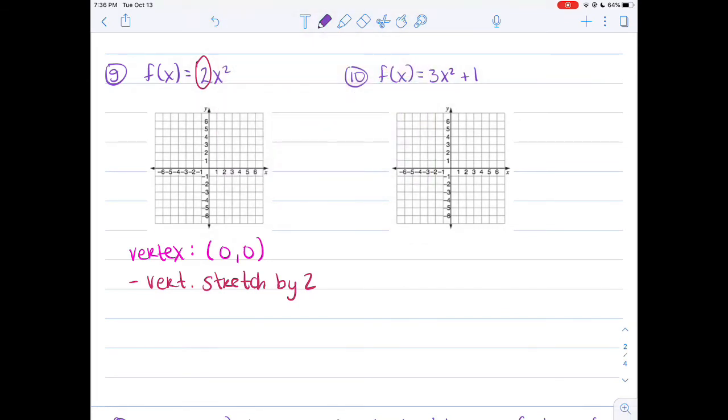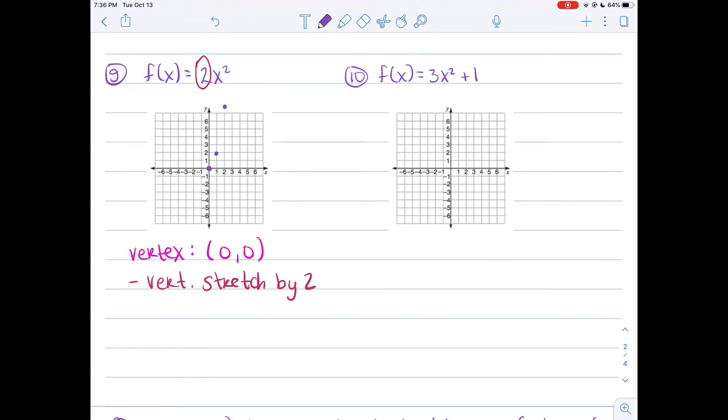And so let's see what that makes our graph look like. I know that my vertex is at 0, 0. And so now if I start plugging in some numbers to the right of that, at 1, I get 1 squared is 1, and then times 2 gives me a 2. So I'm going to plot a point at 1, 2. If I plug in a 2, I'm going to get 2 squared, which is 4, and then 4 times 2 is 8, so I'm actually a little bit above my graph at 8.